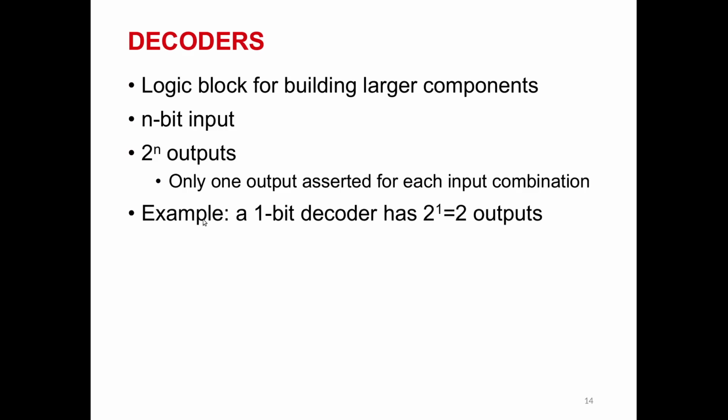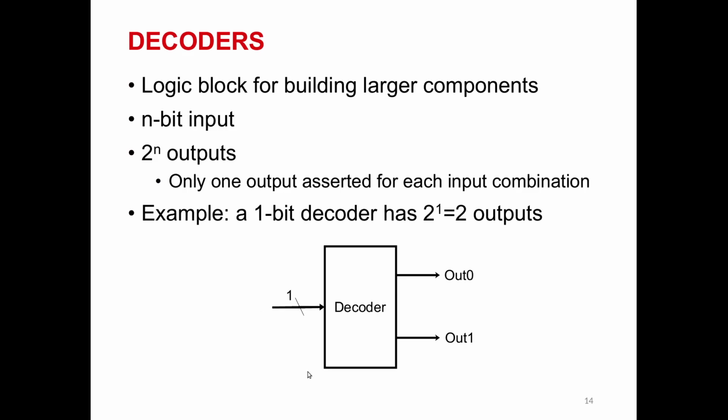Here is an image of a decoder. With 1 bit input and 2 bit output, the function of a decoder is, based on the input value, to choose one among the outputs and set it to 1.